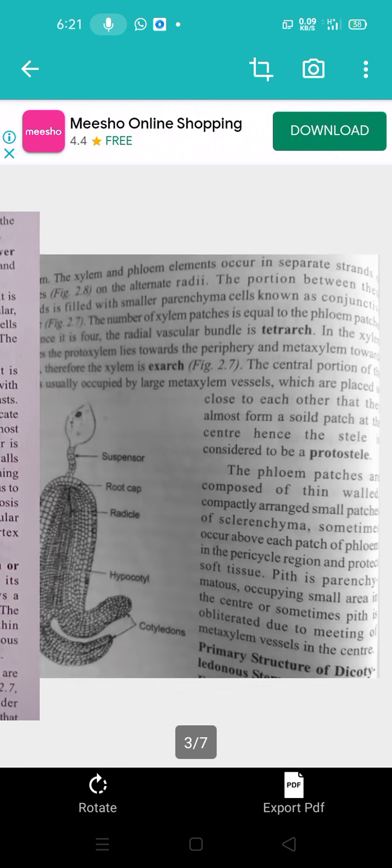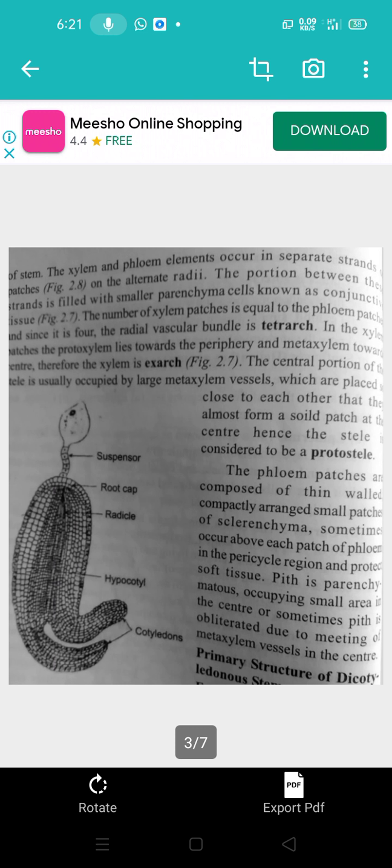They are much smaller in structure. The xylem and phloem elements occur in separate strands in that vascular bundle, developed alternately on the radii. The portion between the strands is filled with small parenchymatous cells called conjunctive tissue.